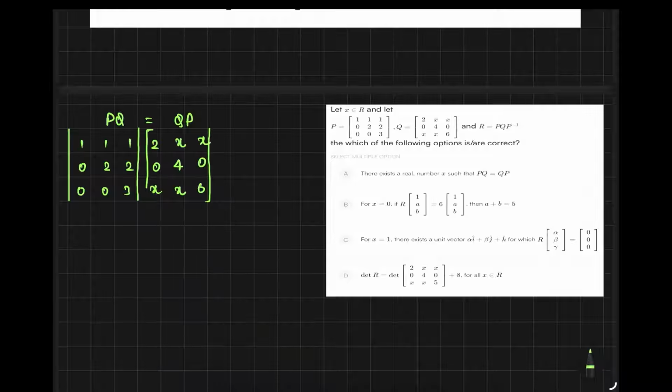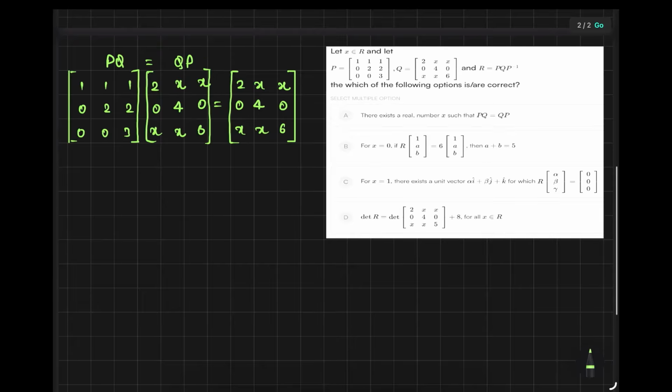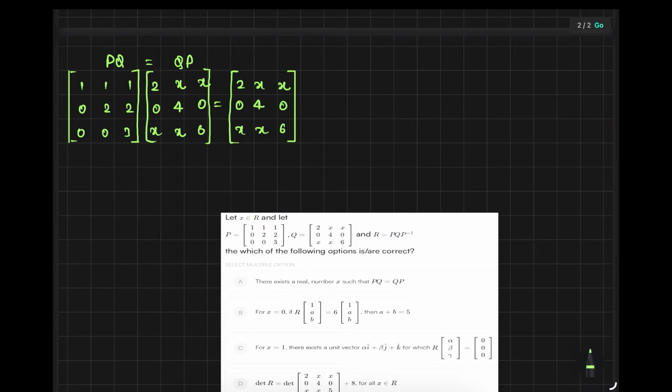It's a matrix, so we'll go with the matrix. Same game, here the order will be changed. So 2 x x, 0 4 0, x x and 6. And then I will slide down this thing.